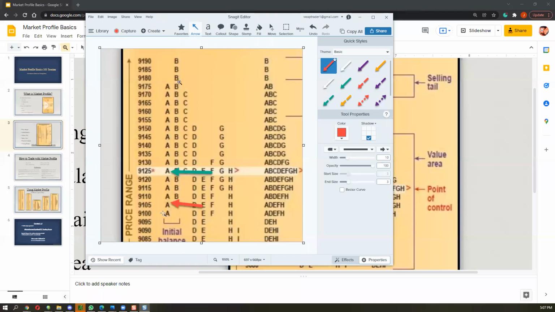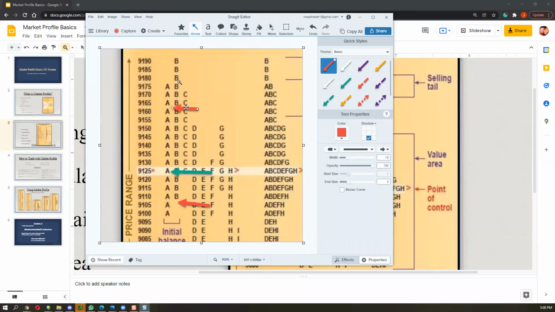That's all it is. Every time there's a transaction, they put an A. If somebody buys something and sells something at 9100, they put an A there, and 9105, the same. So what it does is it lays out what we call a structure. When we see a structure like this, we know that we can get long, put the stop at the lower point of this structure, and then we'd look somewhere up here for our sell order.